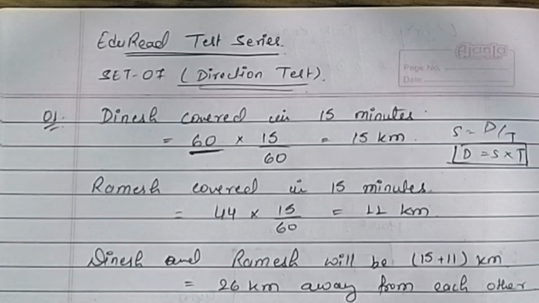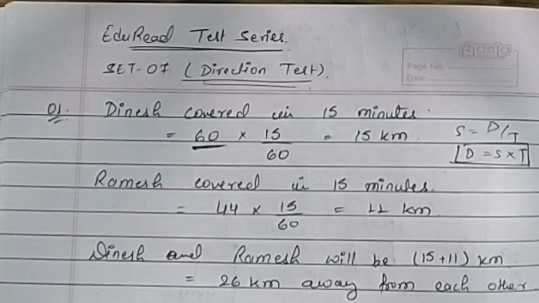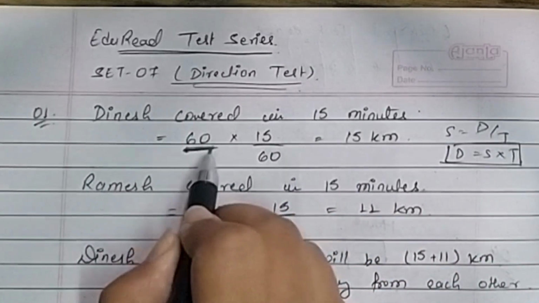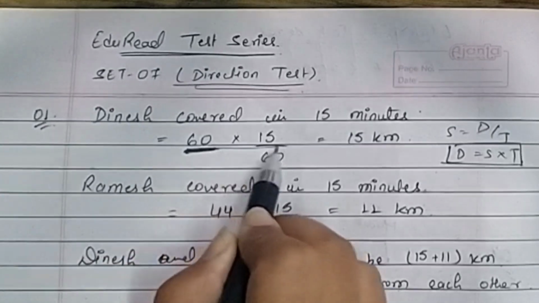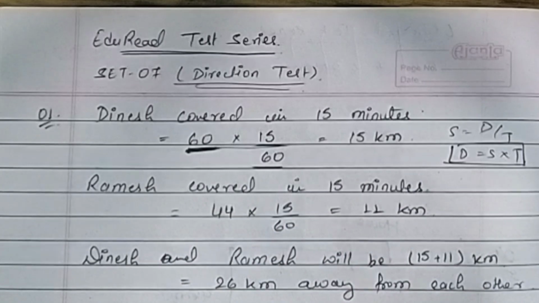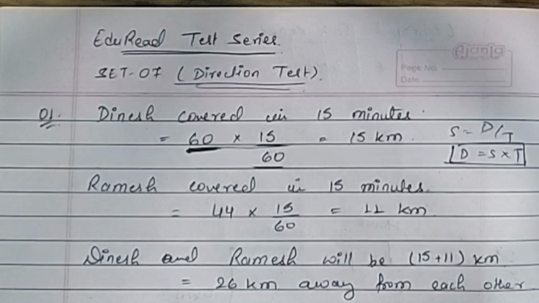So we have to convert this hour into minute. So to convert hour into minute we will divide by 60. So we have 60 kilometers per hour which is divided by 60 here and multiplied by 15 minutes. So distance is equal to speed into time.